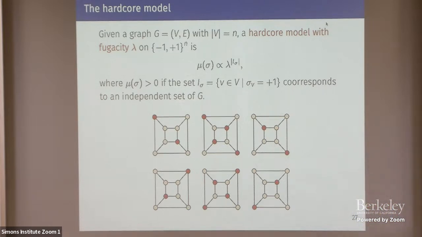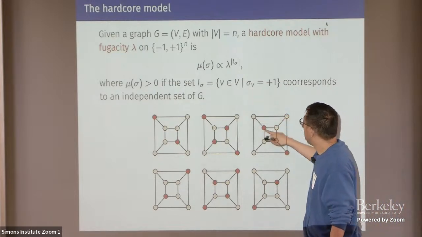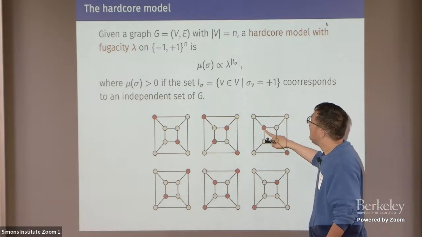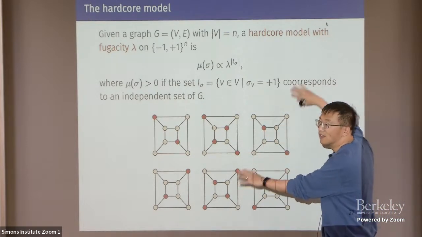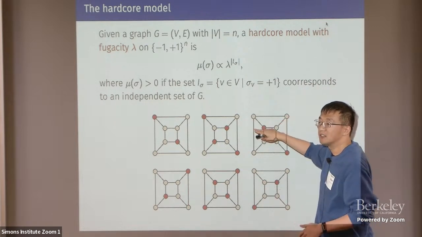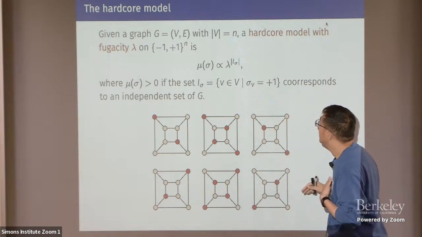The interesting thing about this model is that the roles of +1 and -1 are not symmetric. Somehow, putting vertices to be red has much more influence on its neighbors than putting a vertex to be white, right?